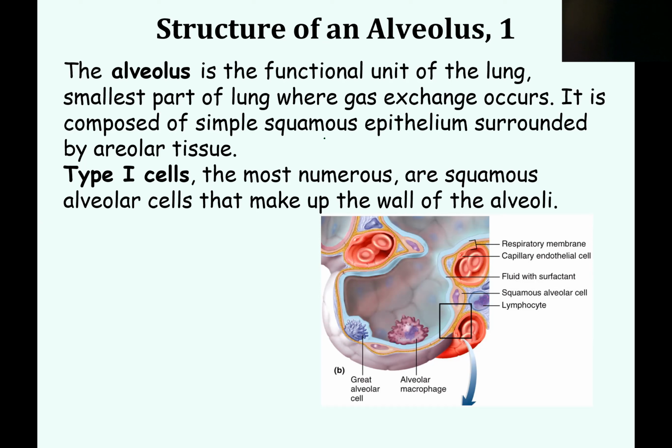It's composed of simple squamous epithelium surrounded by areolar tissue, which is going to anchor the outer alveoli to the pleura, the visceral pleura, and it helps fill in the gaps between the pulmonary capillaries and the alveoli.